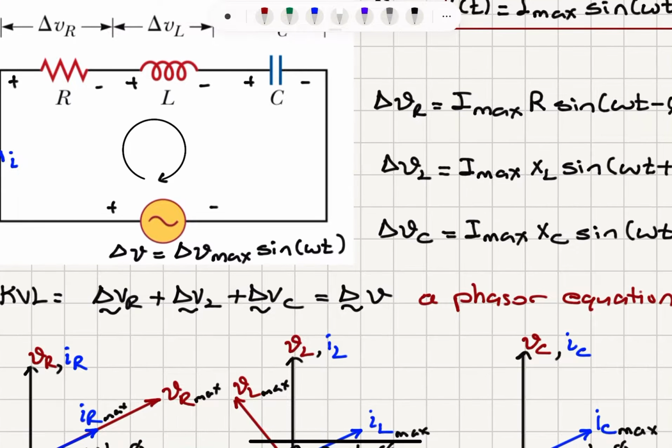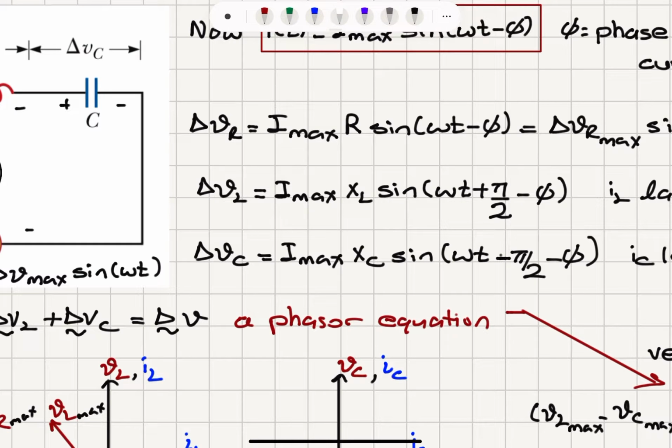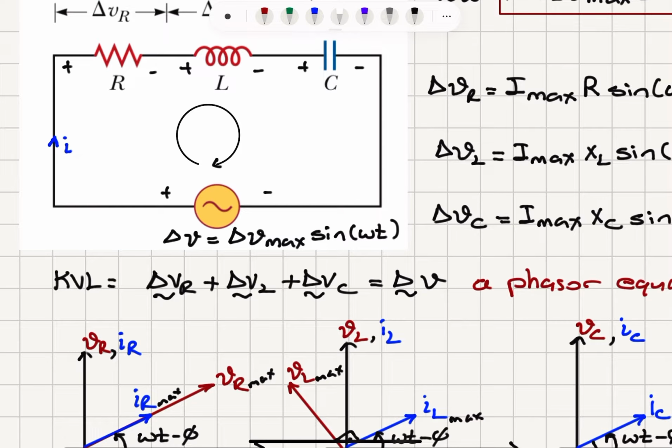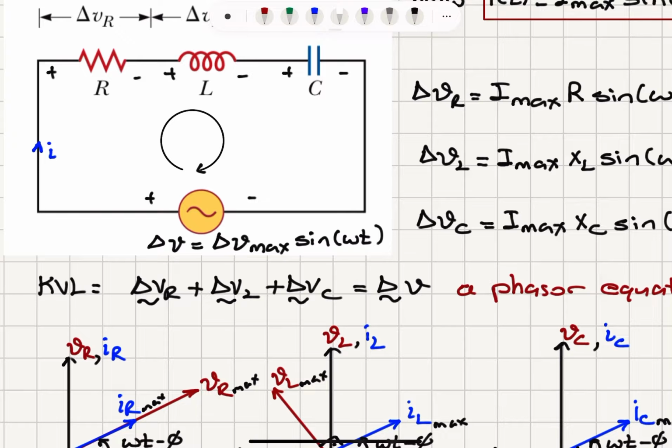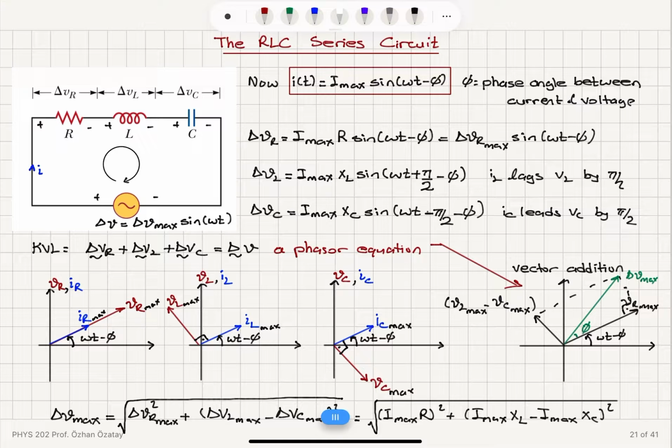But now we have a different phase relationship between these voltages. Therefore, this Kirchhoff voltage law equation is really a phasor equation. To indicate that we have these phase relationships between the voltages, I put a tilde underneath, which shows that this is the phasor. Delta VR phasor plus delta VL phasor plus delta VC phasor must be equal to the delta V phasor.